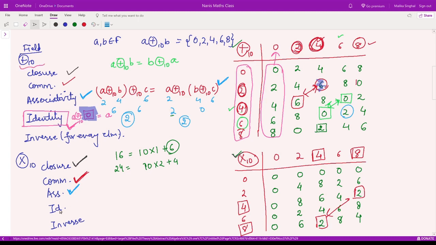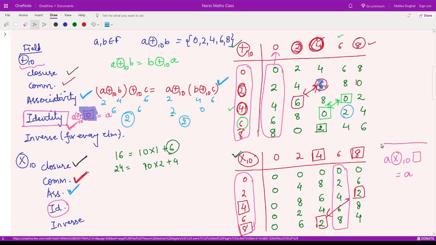Now let us look at the multiplicative identity modulo 10. What is that? For this particular column, I need to check whether the same column is obtained here for any number. Yes, I can see that here for the number 6. So if I take any number a and do multiplication modulo 10 with that number, it should give me a again, right?